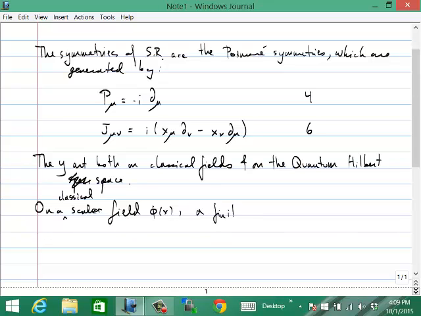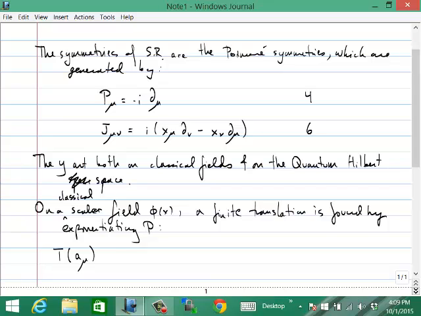A translation can be found just by exponentiating the generator of translations. So, for example, if you want to describe a translation by some vector a, so you want to translate the coordinate x mu to x mu plus a mu, then you would define the translation operator, e to the I a mu p mu.